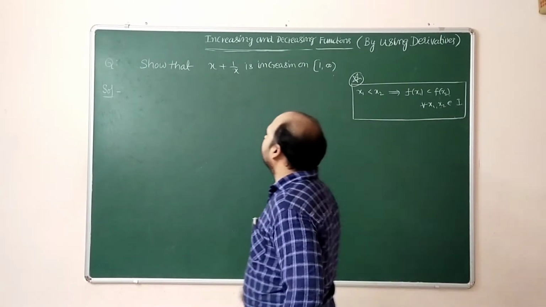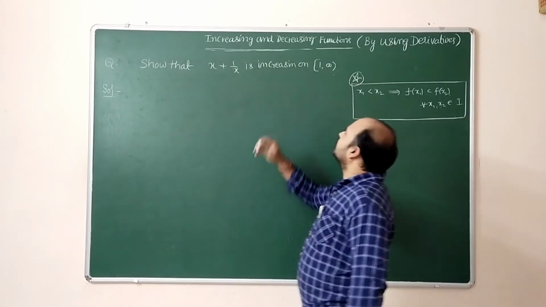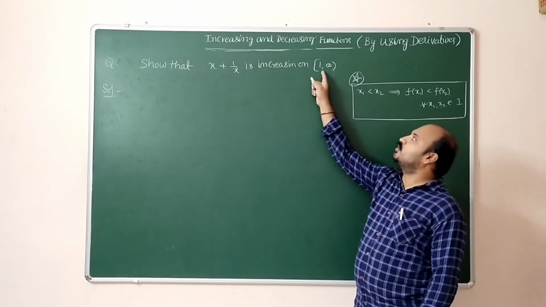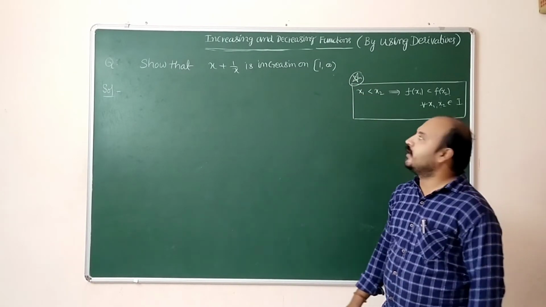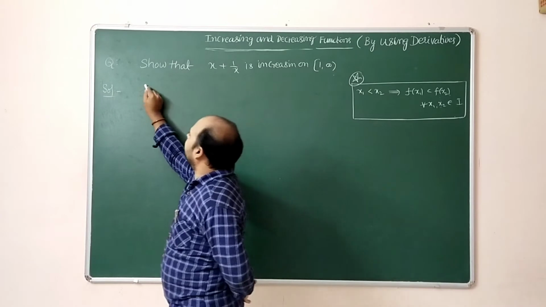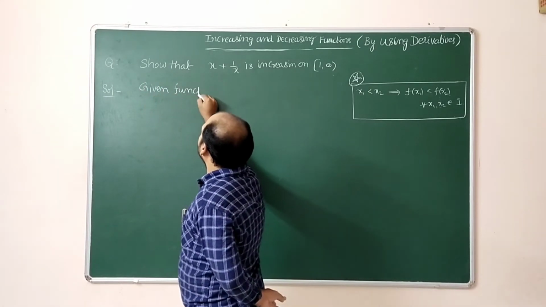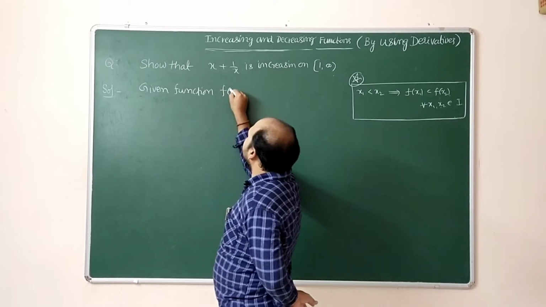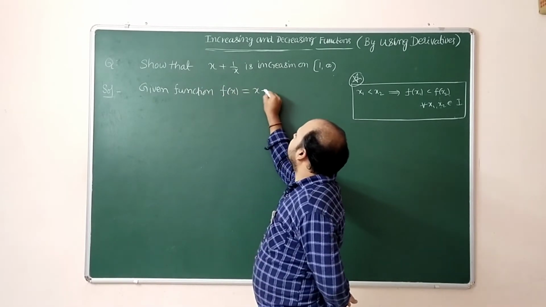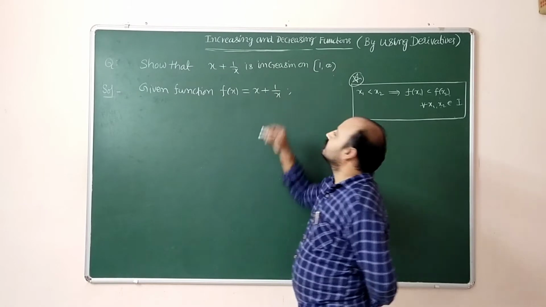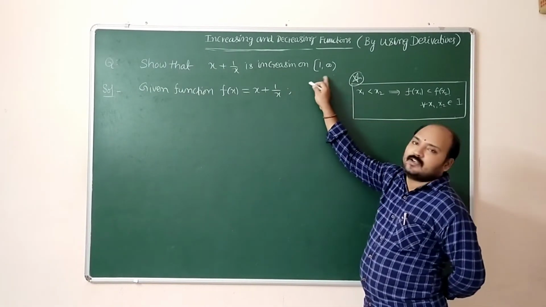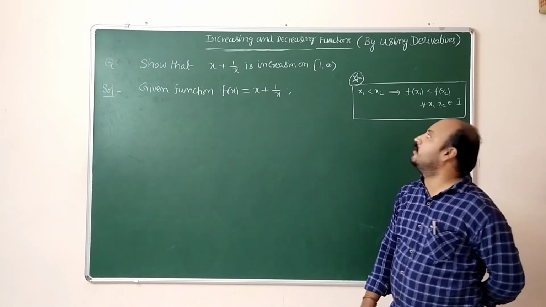The next question: show that x plus 1 by x is increasing in closed 1, open infinity. First, given function f of x is equal to x plus 1 by x, and the condition is given closed interval of 1 comma infinity.